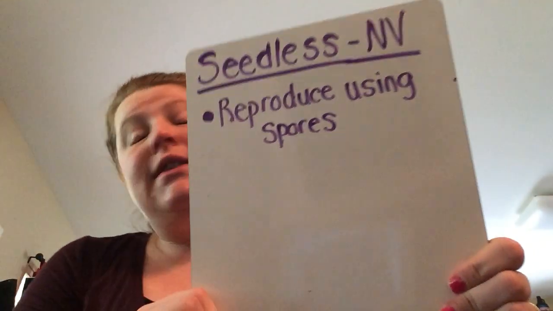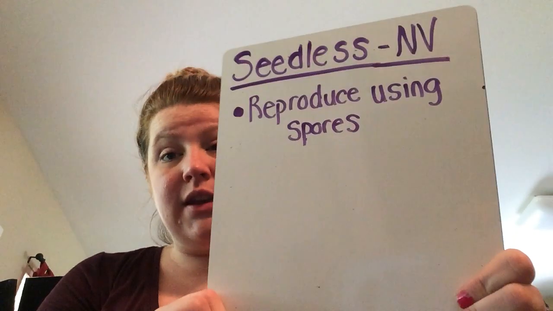Now, seedless, I want you guys to keep in mind, I'm going off my notes next to me here. They can only reproduce using spores. So we are going to put that for all seedless: reproduce using spores. Which means that it does not have the ability to make seeds.